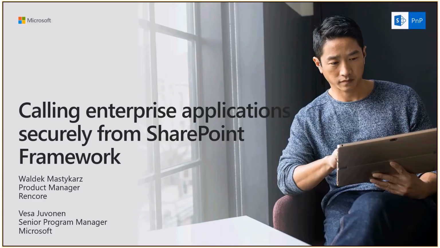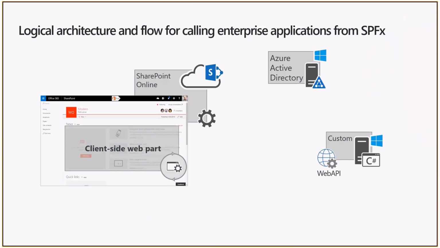So let's have a look directly at the logical architecture and what we are looking into. The key challenge in the past in SharePoint Online has been how to successfully and securely call a custom web API or an application hosted, for example, in Microsoft Azure.